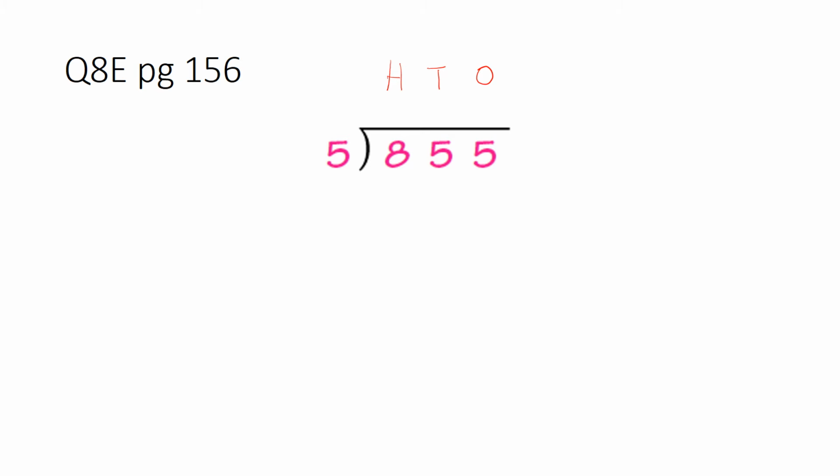Now 8 divided by 5, which multiple of 5 is closest to 8 but yet just smaller than it? The answer is the first multiple, which is 5 itself. So 8, in this case, is 800 minus 500. We're taking 100 multiplied by 5 to get 500.